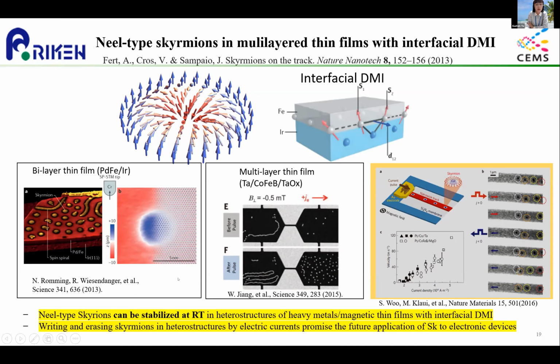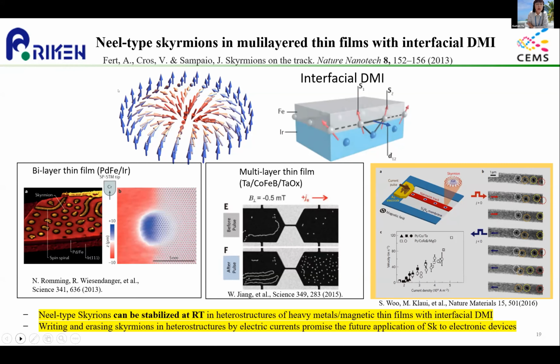I also want to skip the explanation of this work. I just want to emphasize that this Néel-type skyrmion can be stabilized at room temperature. There is also a lot of work on Néel-type skyrmions in thin films, because thin films are easy to fabricate into devices.